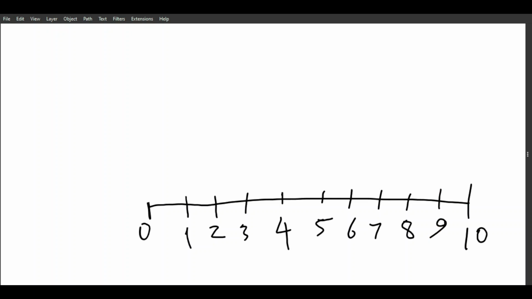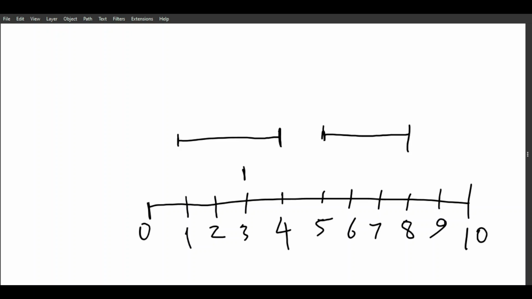So here we have 3 intervals. First we can make one from 1 to 4, then one from 5 to 8, and one more from 3 to 6.